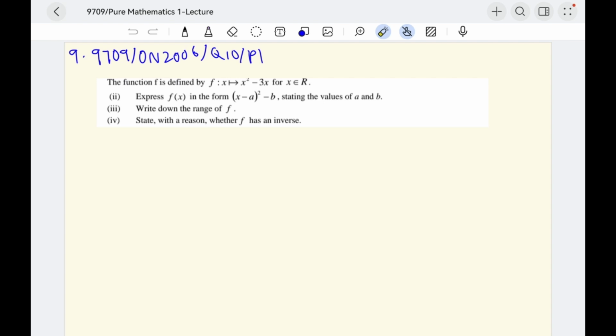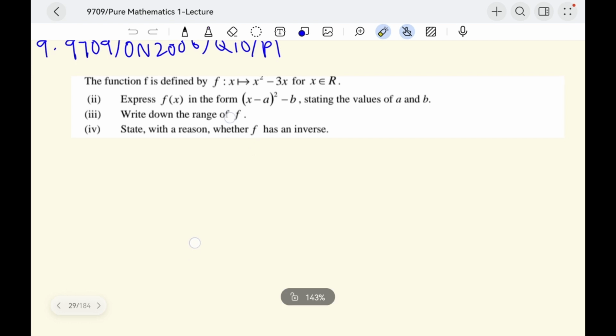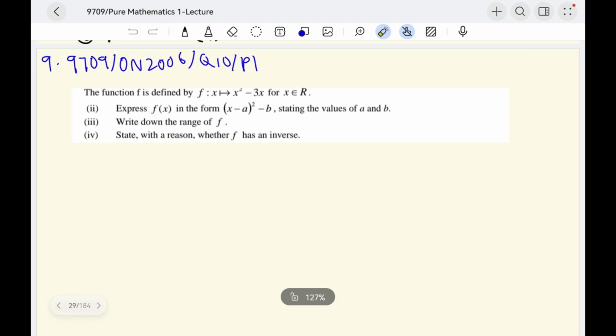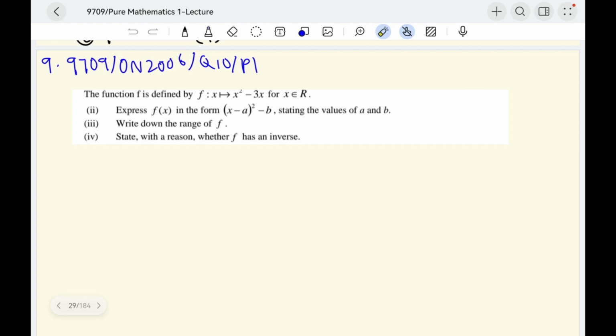These are the past questions all the way to the end of this exercise in chapter 2, functions. Let's take a look at question 9. This is from 9709 October/November 2006 paper 1, question 10. The function f is defined by f: x maps to x squared minus 3x for x in the real numbers.